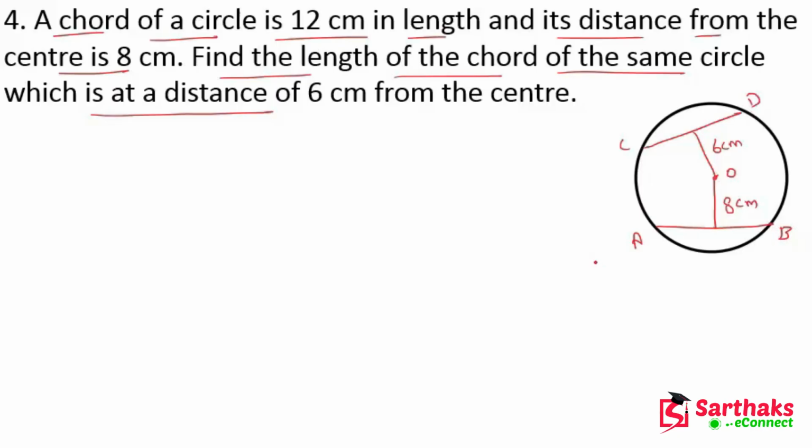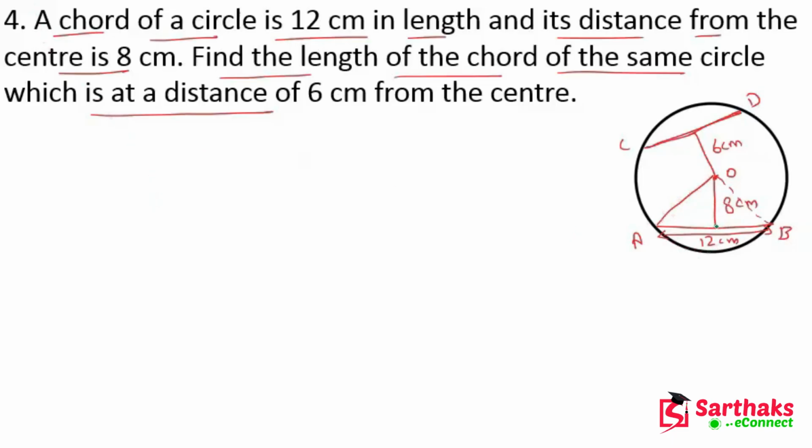First of all, our main object is to find the value of CD. For finding CD, we have to find the radius of the circle. We know that AB is 12 centimeters, so from this we can easily find OA, the radius.